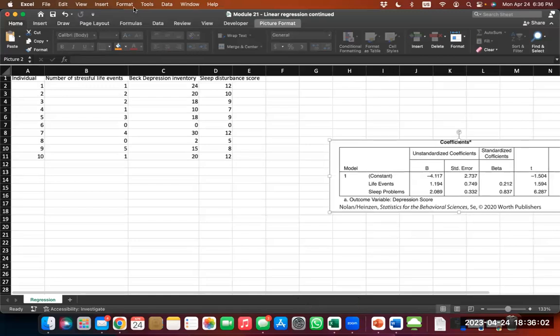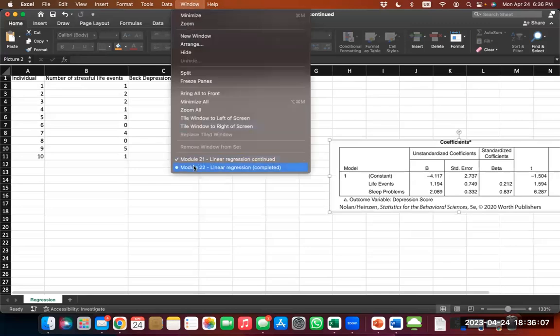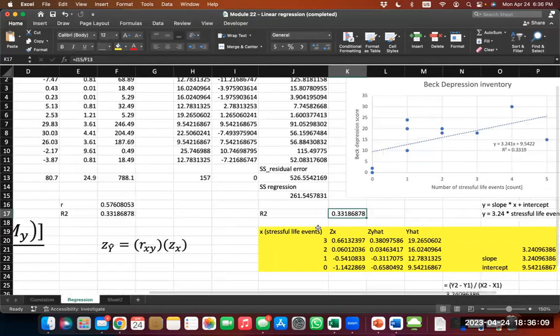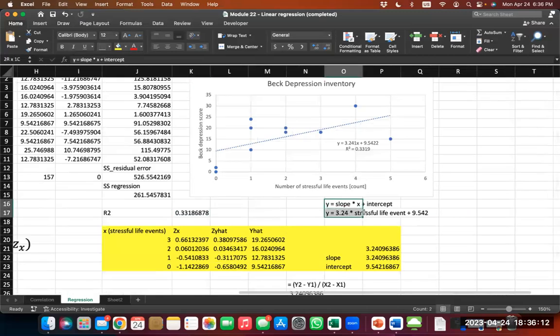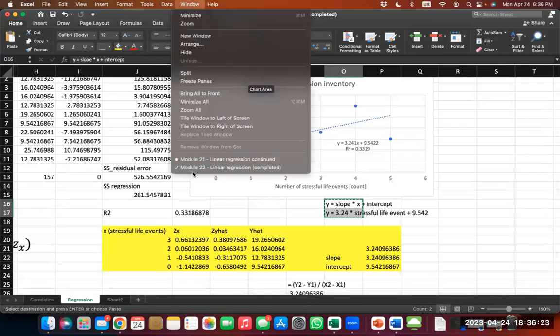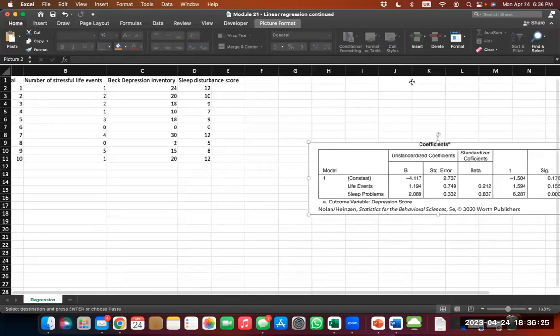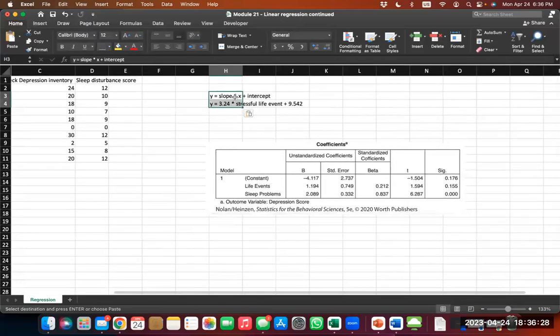Then we have the model that we utilized by only quantifying it as a function of the stressful life events. That's essentially our univariate model. So we have a univariate model and a multivariate model.